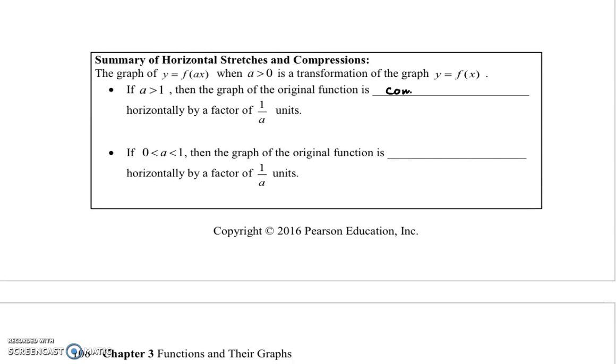So we say it's compressed horizontally by a factor of 1/a. If the a we're multiplying by is a proper fraction, remember, this time it's a proper fraction, so between 0 and 1, then we're stretched horizontally by a factor of 1 over a units.